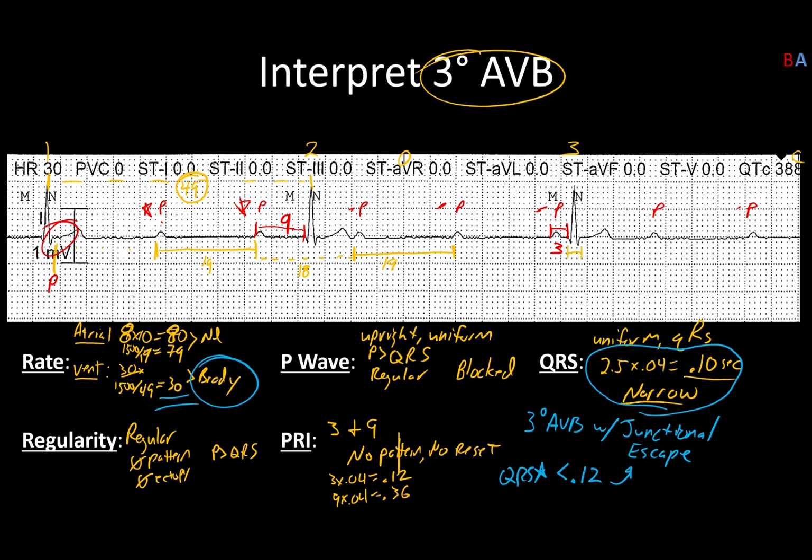Another question you might have, just to touch on this, is I thought junctionals were supposed to have inverted P waves, right? Well, that's true, except remember, a junctional beat starts in the AV junction and is conducted backwards. And so if you have this heart and you're expecting that wave to travel backwards up through the atria, that's what gives you the negative P wave, right?